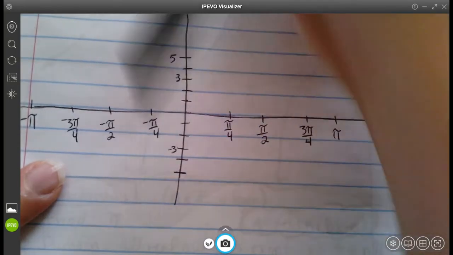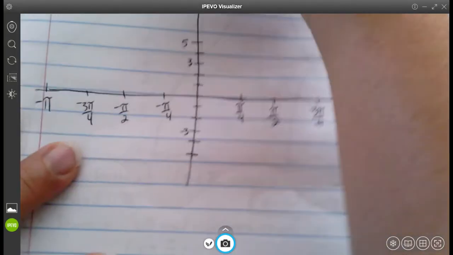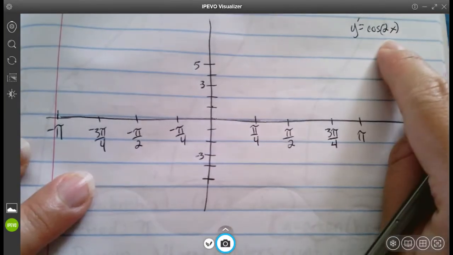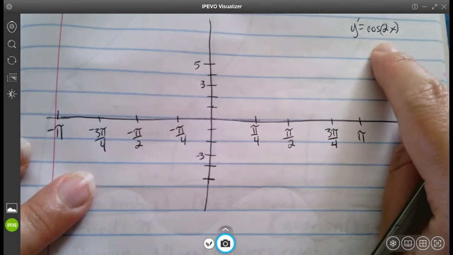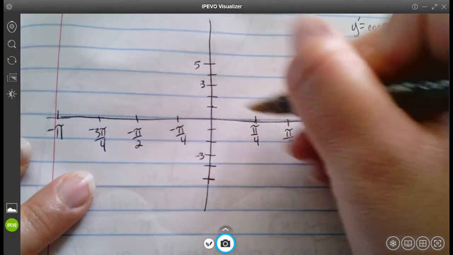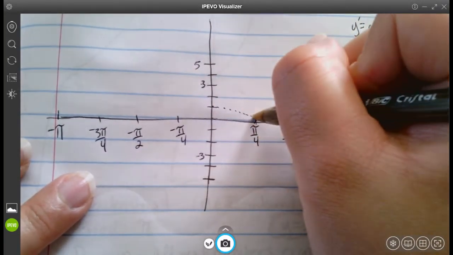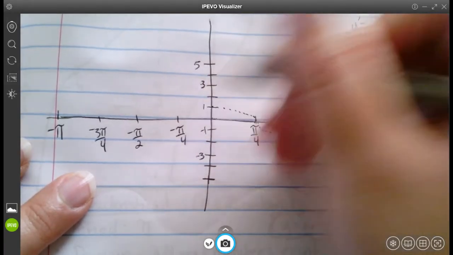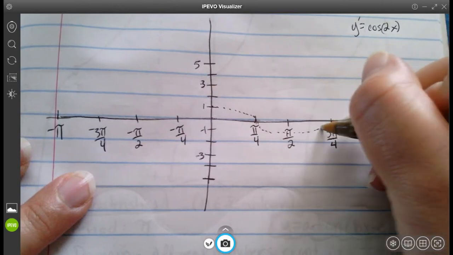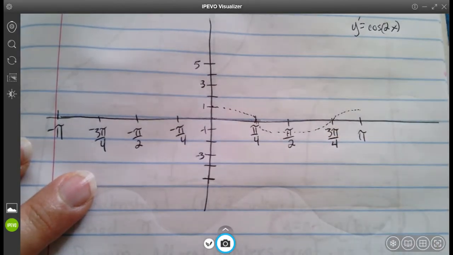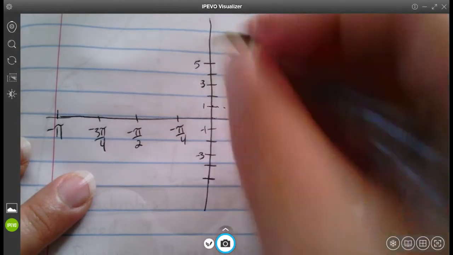This is what I'm graphing right now, because it's not exactly my OG for my cosine function, but it is going to be my OG with a period of pi. So this would be here, this would be here. So we have something kind of like this. This is negative 1 and 1. If you need to, see if you can follow along. Hopefully yours is a little bit better spaced than mine.